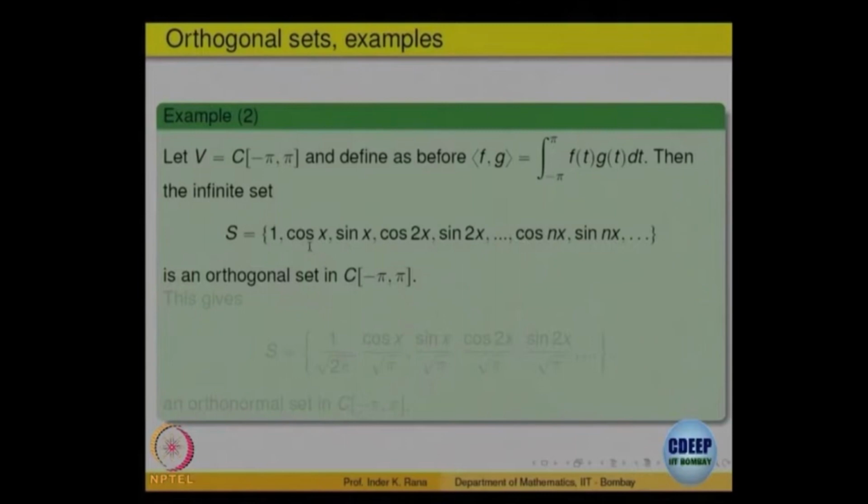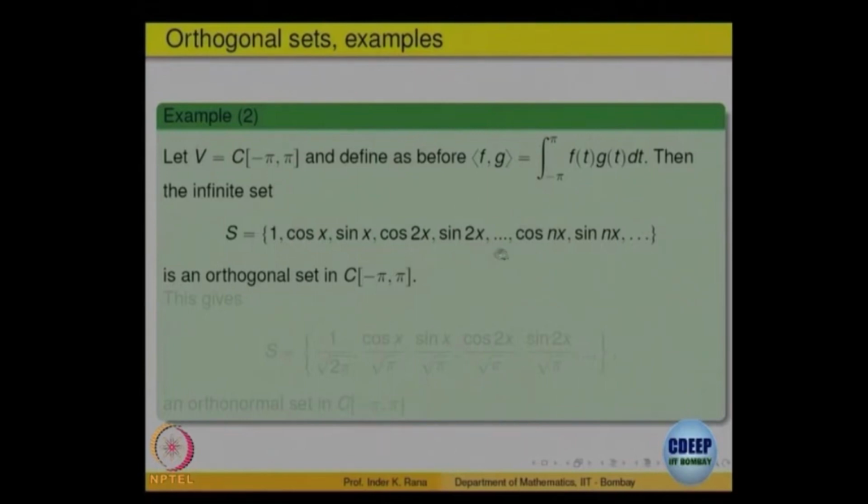And similarly, when I say the integral of cos x is 0, that is 1 times cos x, the integral is 0. That means 1 and cos x are perpendicular to each other. Similarly, cos x is perpendicular to sin x. You can easily check that when n is not equal to m, the integral of cos nx times sin mx is equal to 0.